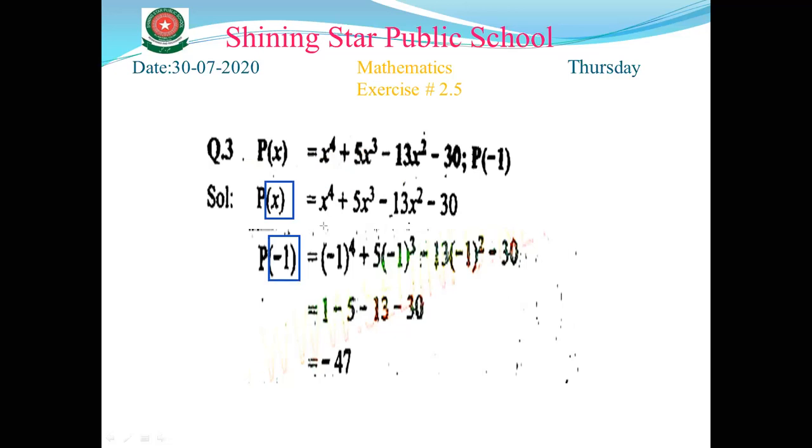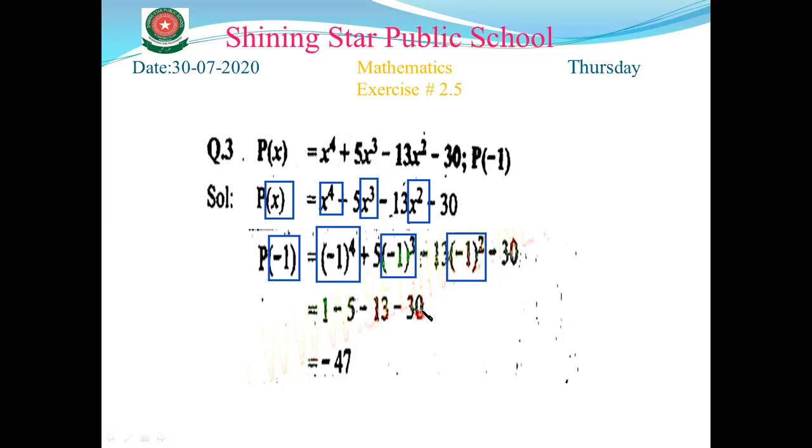So minus 1 power 4, minus 1 whole cube, minus 1 square because of these x. Minus 1 power 4 is 1. Minus 1 power 3 is minus 1. So minus 1 multiply 5 is minus 5. Minus 1 square is 1. So minus 13. Minus 30.